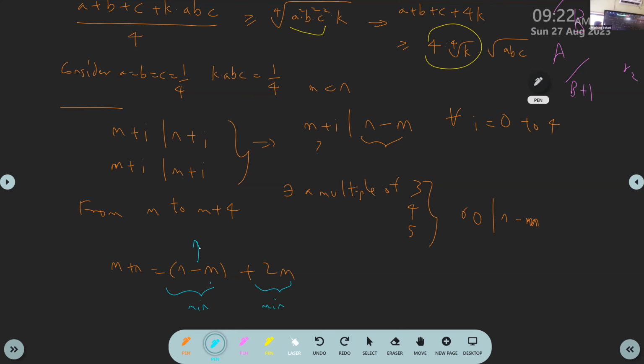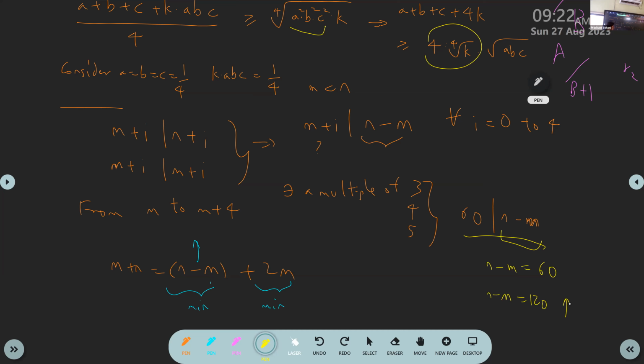Yes, correct. So some kind of estimation can work, because now that we know 60 divides n minus m, the value of n minus m has discrete changes. For example, the first value that n minus m can take is 60, right? And the next value is 120, and so on, and after this it will keep increasing.